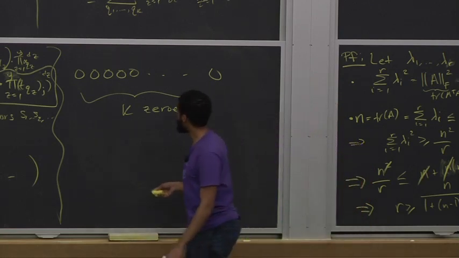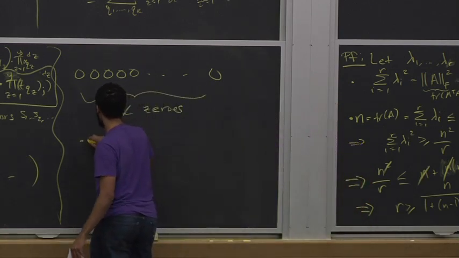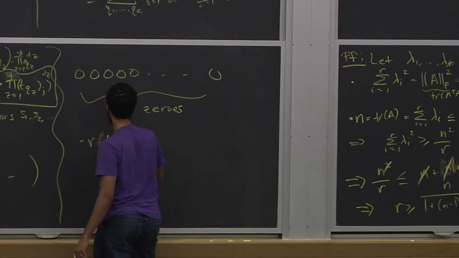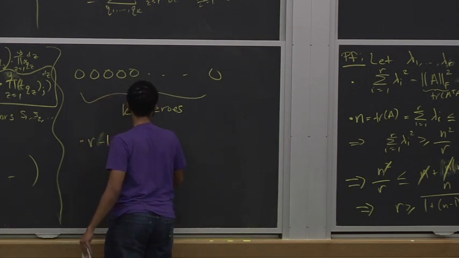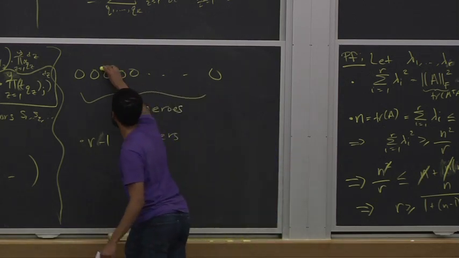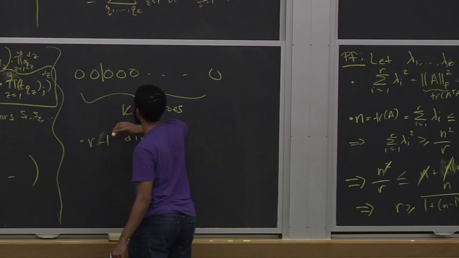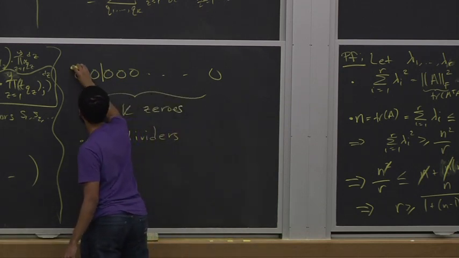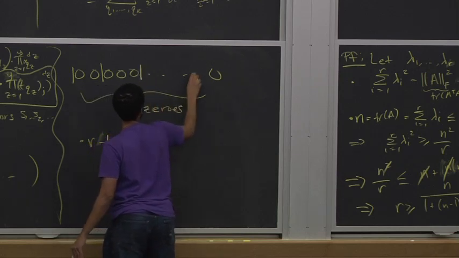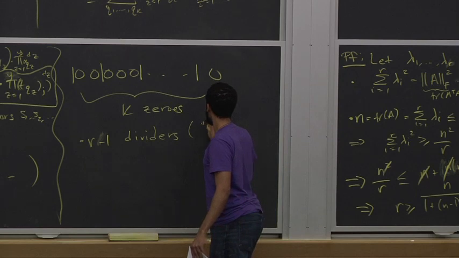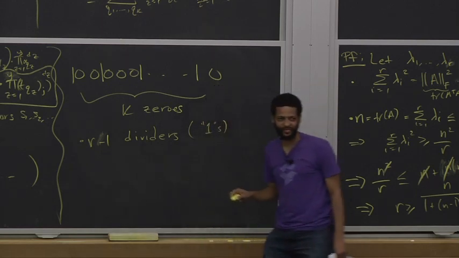So imagine having r minus 1 dividers. Okay. So I'll put a divider here, and I can put the dividers wherever I want. I can also put a divider at the beginning, like this. Let's say there are r minus 1 dividers. And by a divider, I just mean a 1.